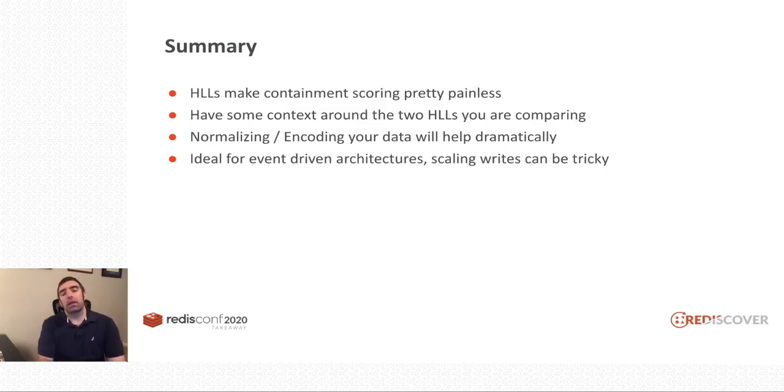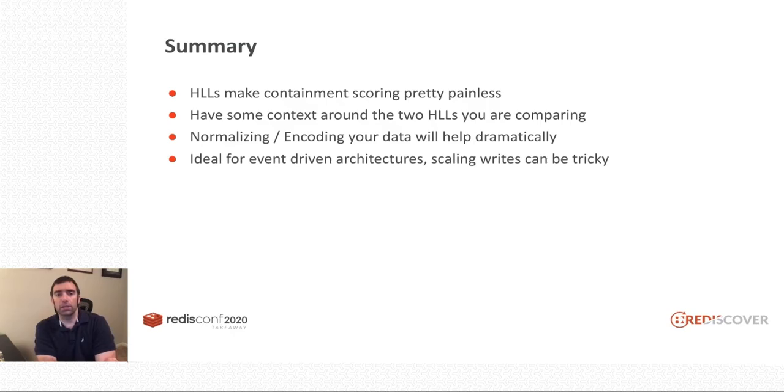One of the big things we realized is that having some context around the two HyperLogLogs you are comparing is really important. Fortunately, we had a requirement to do labeling and content extraction in our data separately, so we were able to leverage that to add additional context to our entire process of doing joinability.